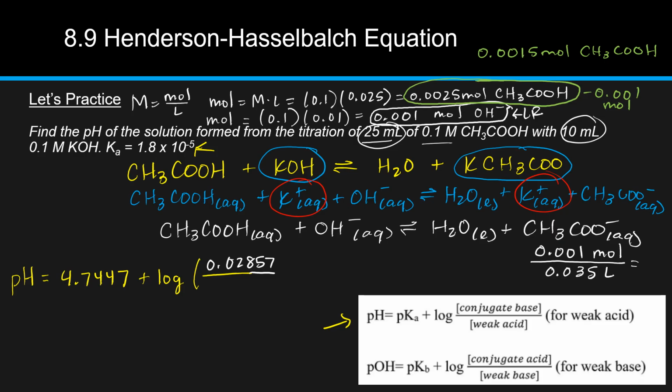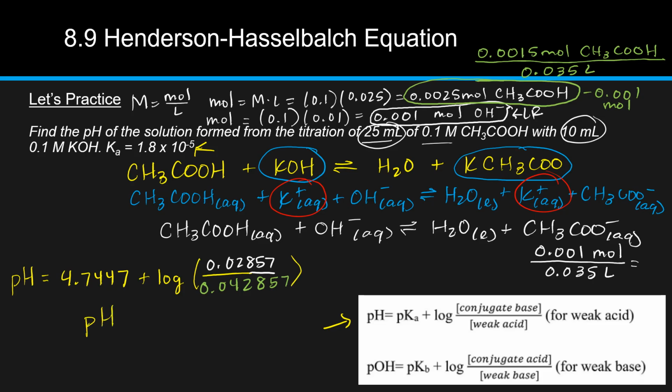So in order to get concentration of that, again, we're going to take the moles and we're going to divide it by the total volume, which we already found at 0.035 liters. And that is going to give us a concentration of acetic acid at 0.042857.